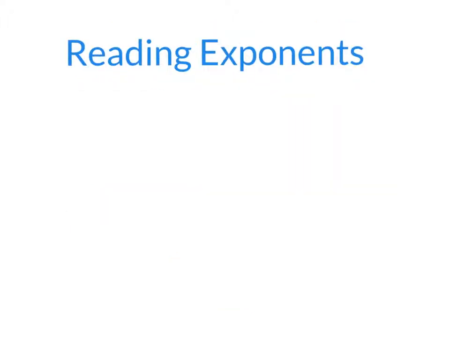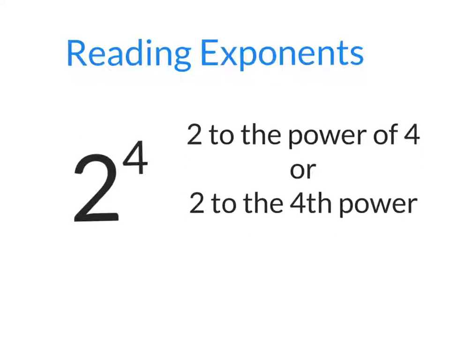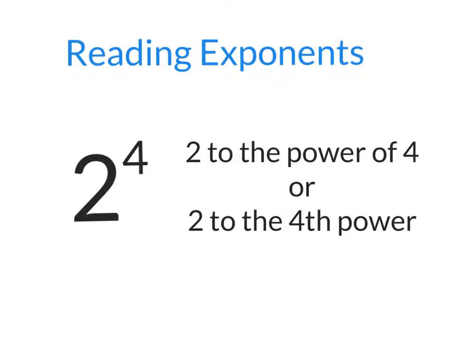You may remember exponents when you were working with powers of 10 earlier in the year. And exponents with other numbers work in the same fashion. When we read an exponent, here for example, I have a 2 with an exponent of 4. And I would read that as 2 to the power of 4, or I could read it as 2 to the 4th power.